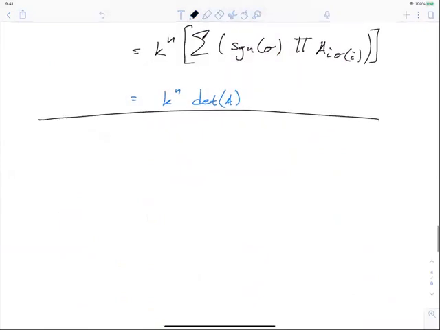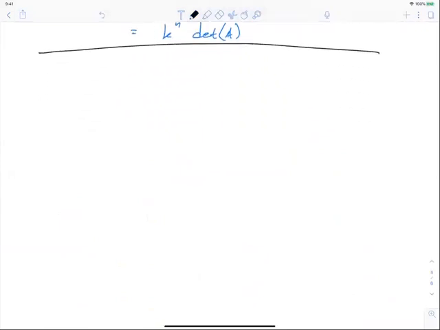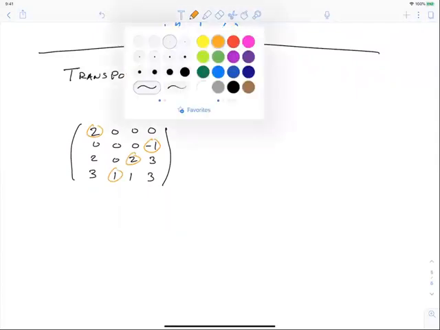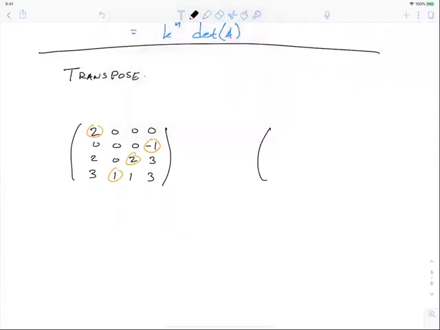All right, so the next property is about transposes. For the transpose, one thing that's not as clear is that if we have a pattern, for example this pattern from our example from before, and we take the transpose of the matrix, that same pattern is going to occur.